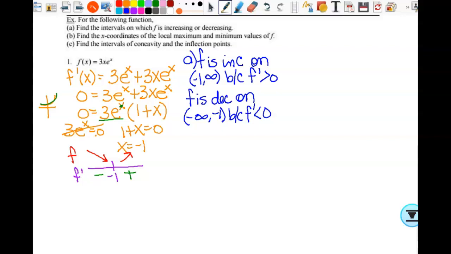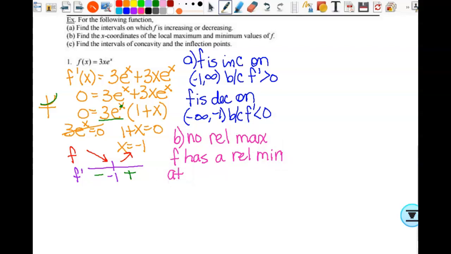All right. So then B, relative max and min. Are there any relative maximums? No. So we need to state that, so it's not like we just left it out. We just say no relative max. And then f has relative min at what?